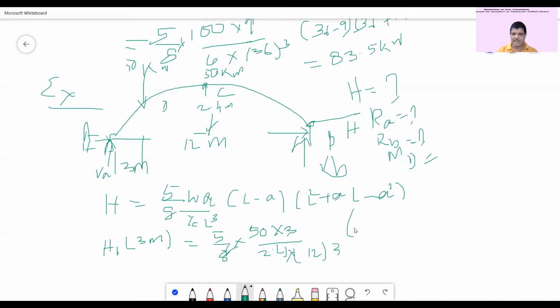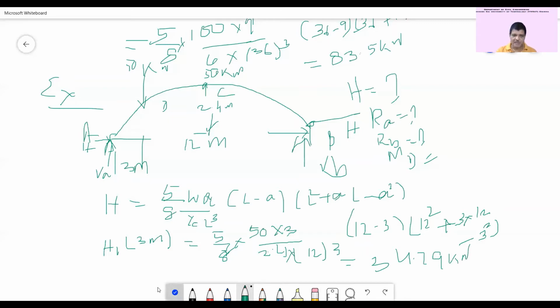Then L minus A, so 12 minus 3, then L square is 12 square plus A into L means 3 into 12 minus 3 square. So if you calculate all these values, H1 comes out to be 34.79 kilonewton.